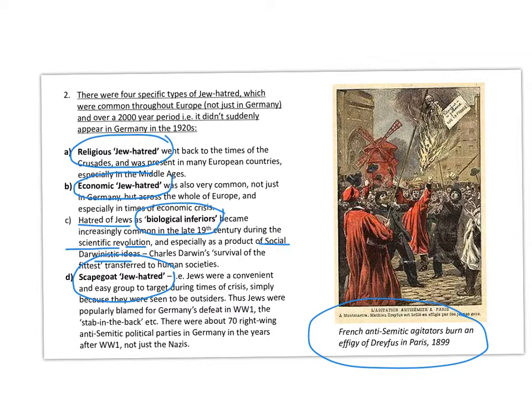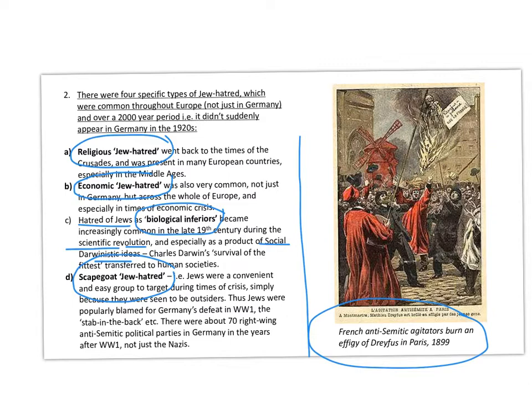There were other right-wing politicians that had done that over the years before Hitler. So again, that was not necessarily unique. But those are the four key characteristics. So the key point for you to understand is that hatred of Jews did not begin with Hitler, and it was not specifically German.